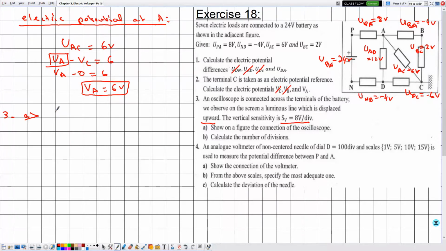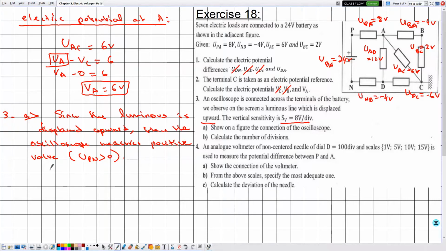So let's say since the luminous line is displaced upward, then the oscilloscope measures a positive value, and knowing that UPN is positive, then the oscilloscope is measuring UPN.